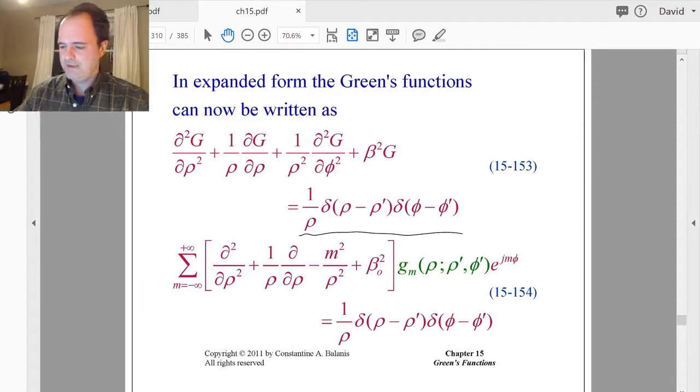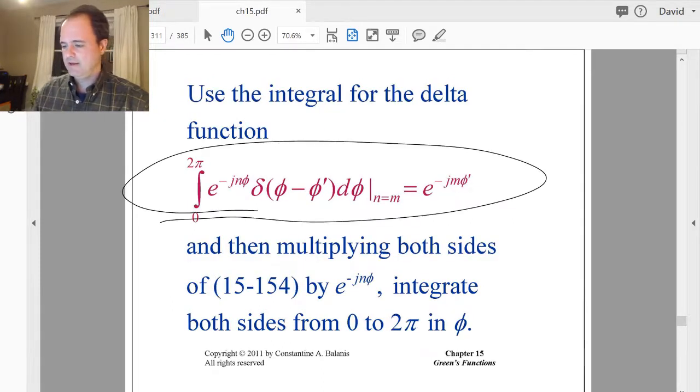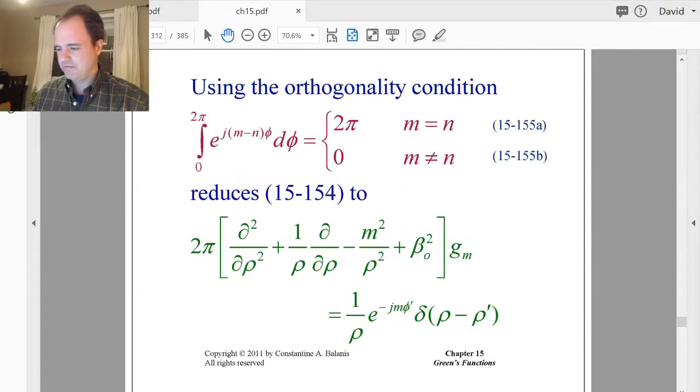But now with that, we take two derivatives of e to the j m phi, and we get a minus down here, and we get the m squared. And then this will cancel out. Well, we're going to integrate both sides. So now we use the integral right here, and integrate from 0 to 2 pi over phi.